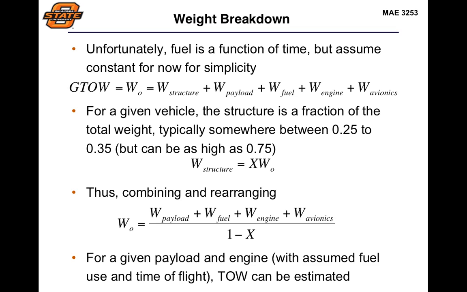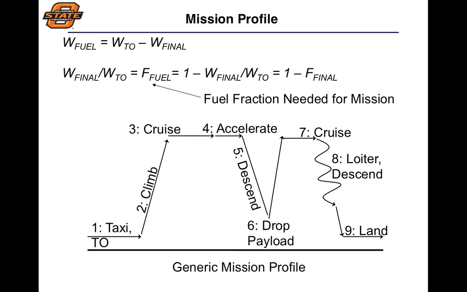Then what we can do is rearrange, and so given a structure factor for a certain vehicle classification and things such as known payload, estimates of the fuel, estimates of the engine, we can come up with gross takeoff weight. Now this is what we utilize for our ITER-TAL spreadsheet, but to determine the fuel we have to get an estimate of how much fuel we actually burn over an entire mission, and that's where we break up the mission profile.